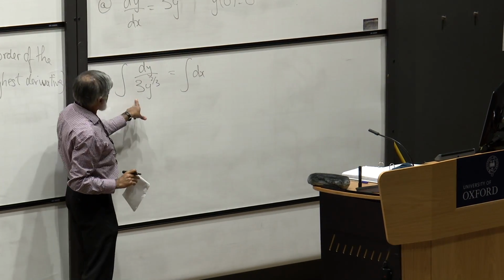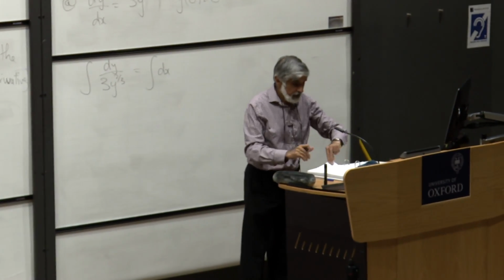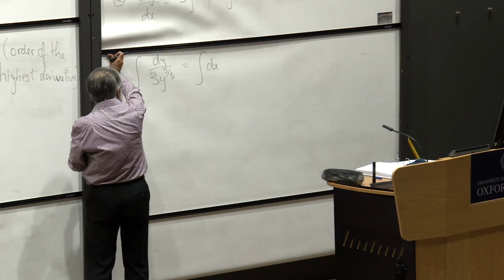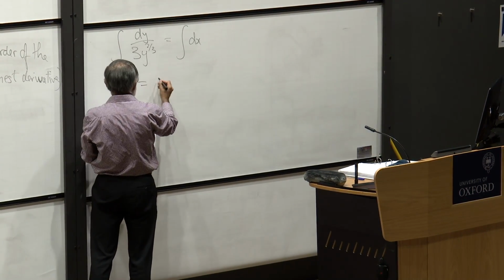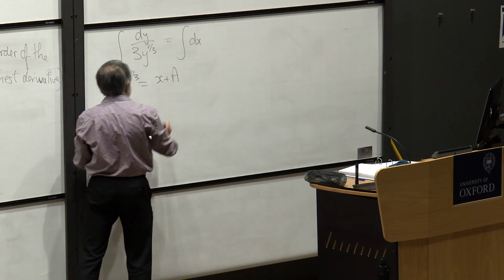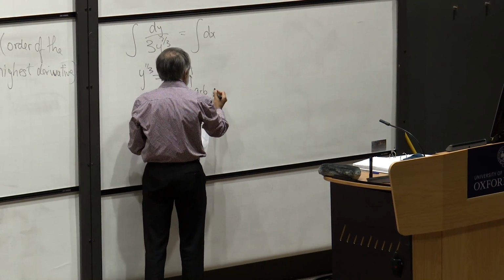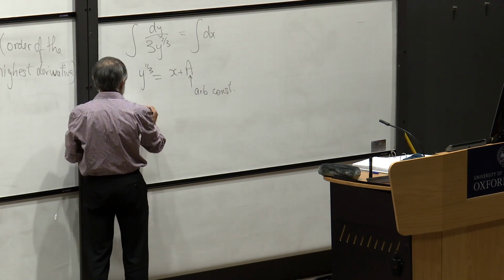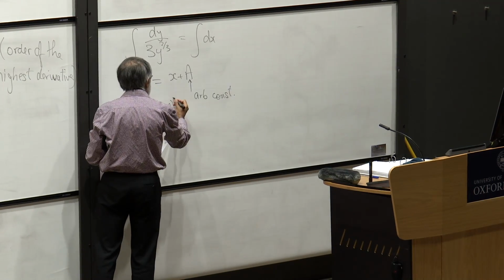Just separate the variables, integrate, and I'll leave you to convince yourselves that you get this, where a is a constant, and that'll give us y equals (x plus a) cubed.